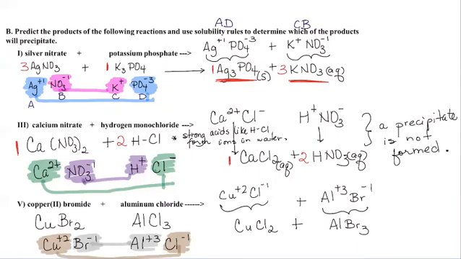To balance this equation, we need a 2 here, and we need a 3 here. Then 2 here, and 3 here.